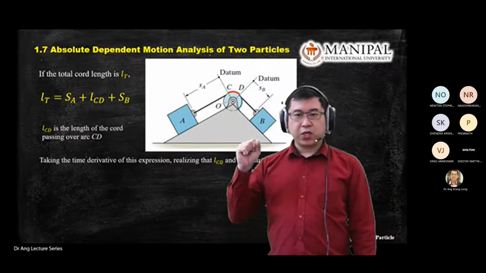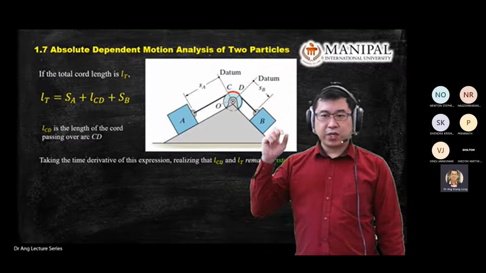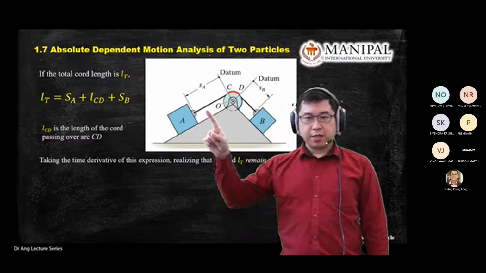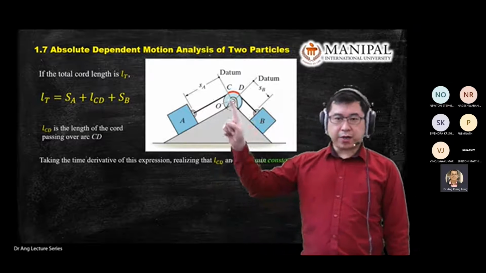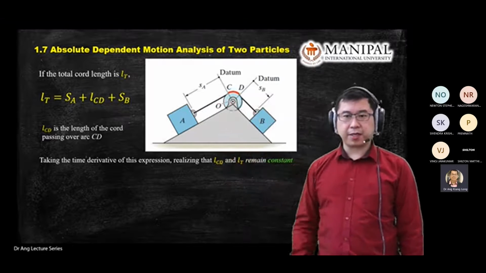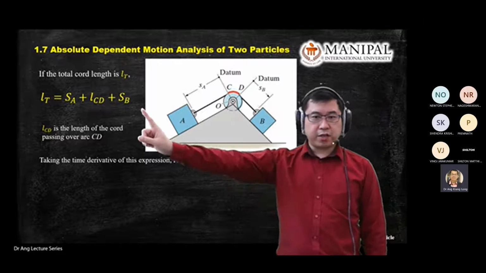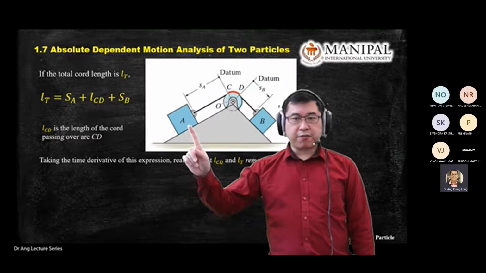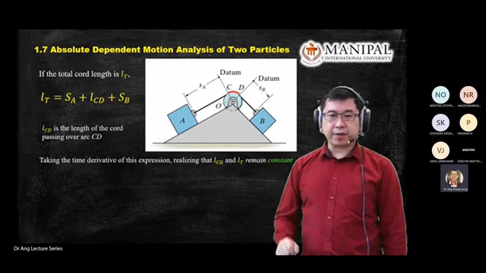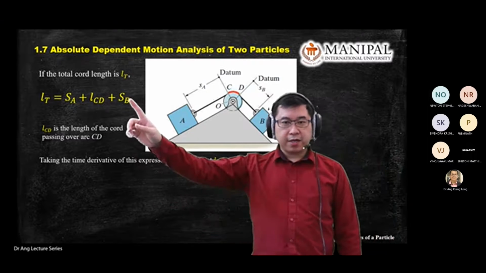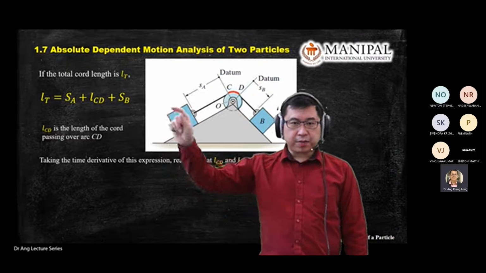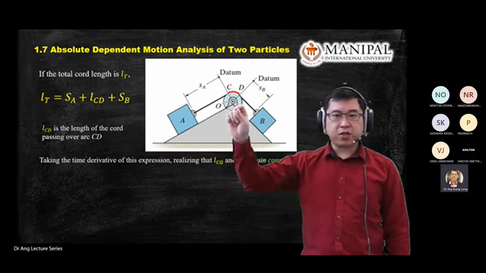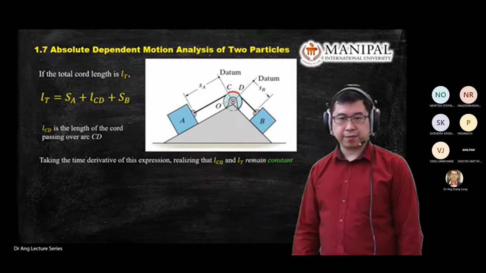Next, in dynamics questions, we are more interested in velocity and acceleration. Since you have the length and a displacement parameter here, we can use this equation to derive velocity for A and velocity for B. Before that, there are a few things in this equation that remain constant all the time.